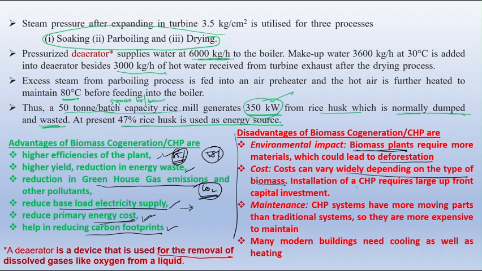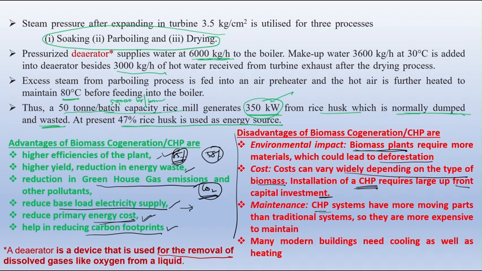The installation of cogeneration or combined heat and power requires large upfront capital investment, because it requires some additional machinery. Maintenance is somewhat difficult compared to traditional plants because it has more parts. Maintenance is required, and it is involved in the process application system, which deals with impurities and the purification process.